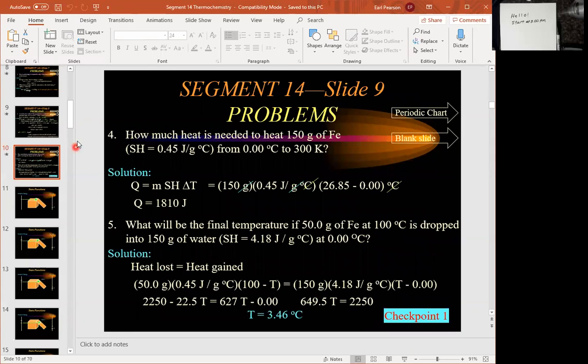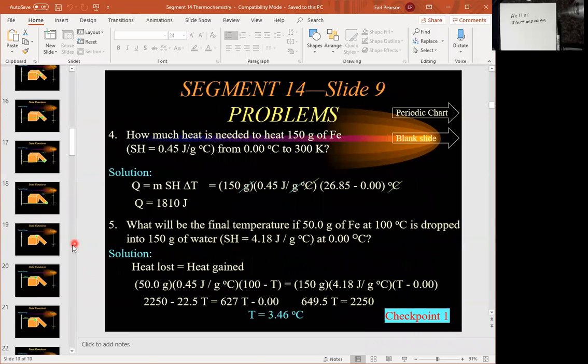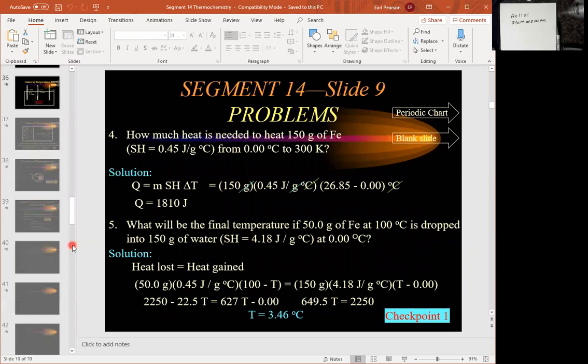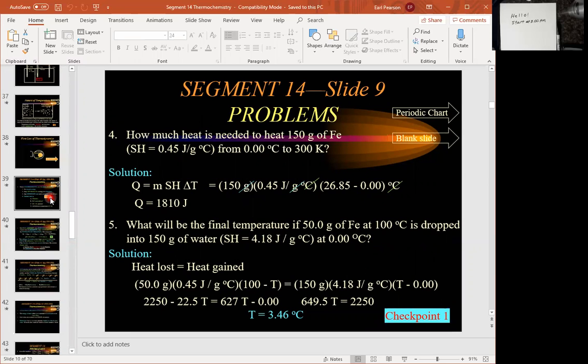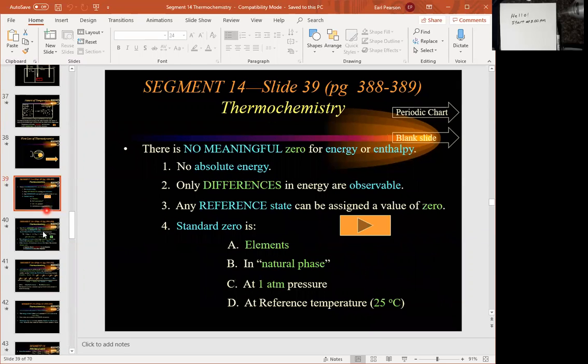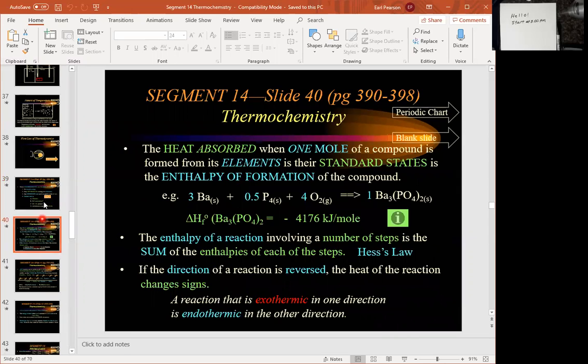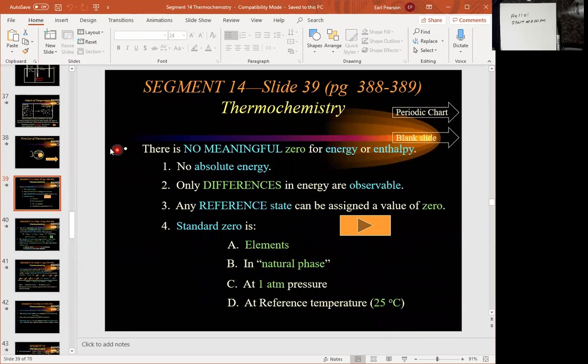We're going to checkpoint 1, so it should be down here somewhere. Okay. All right. I think this is where we should have gone. Let's pick this back up.